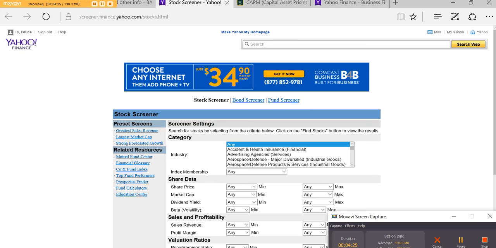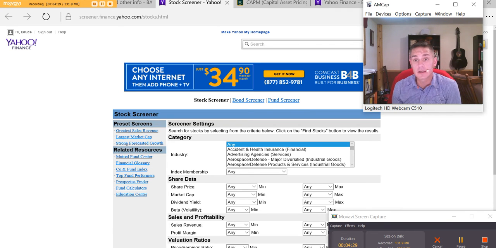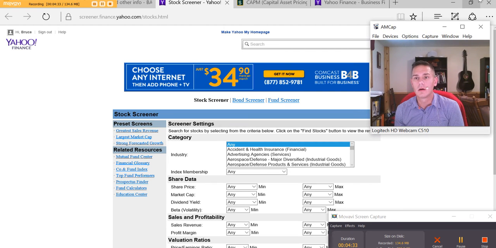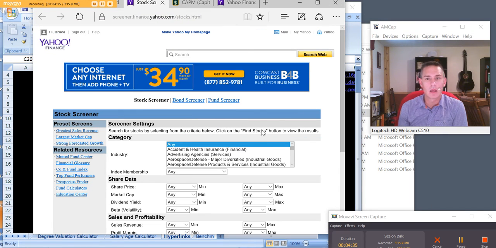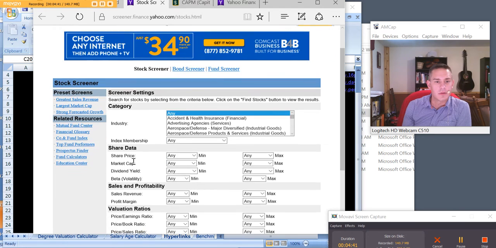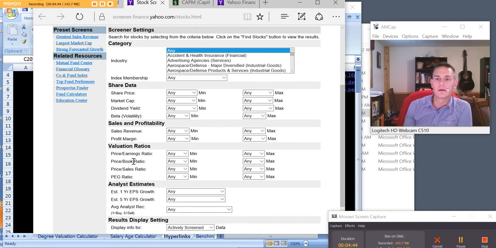The first thing we need to do is select stocks that we're going to want to invest in. So how we'll do that is on this Yahoo stock screener page, I need to set these metrics to certain things, and this is going to filter through all 100,000 different stocks that trade on the New York Stock Exchange and various other exchanges to find me companies that fit within the certain metrics.